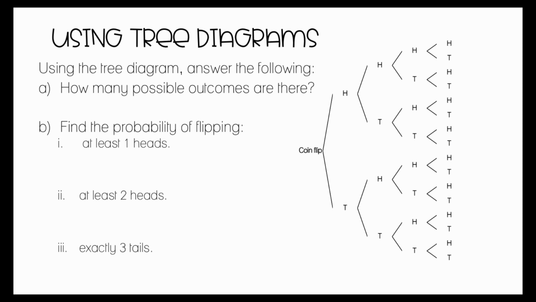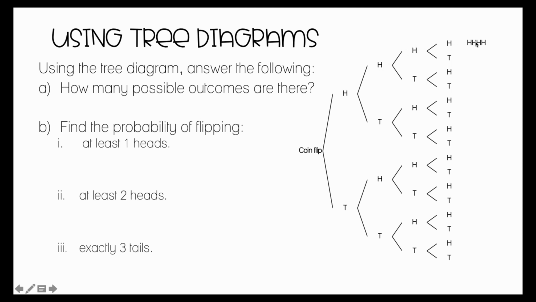So the first one is, how many possible outcomes are there in total? If we follow the chain of our tree, we flip a coin and we either have an option of heads or tails initially. For our first outcome, we've gone heads. So flipping it 4 times, the first time we get heads, the second time heads, third time heads, fourth time heads.